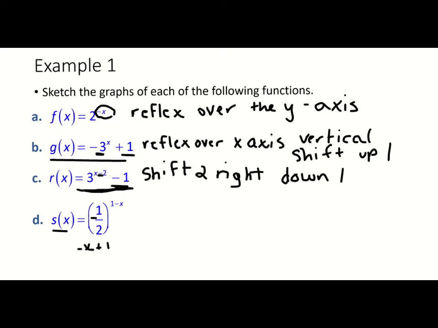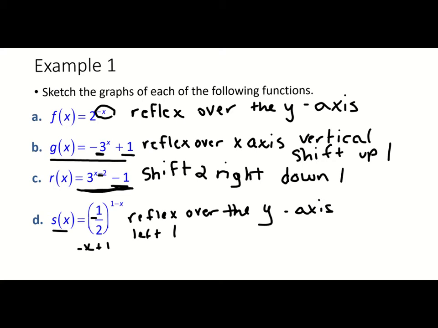That means we are going to reflect over the y-axis. And then we have a plus 1 with the variable. So plus 1 is really the opposite with horizontal shifts. So we're going to go to the left 1.